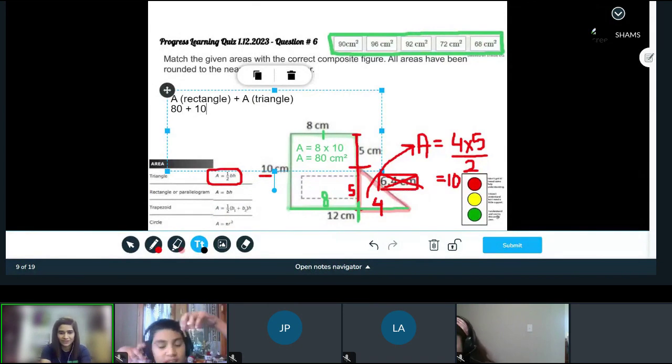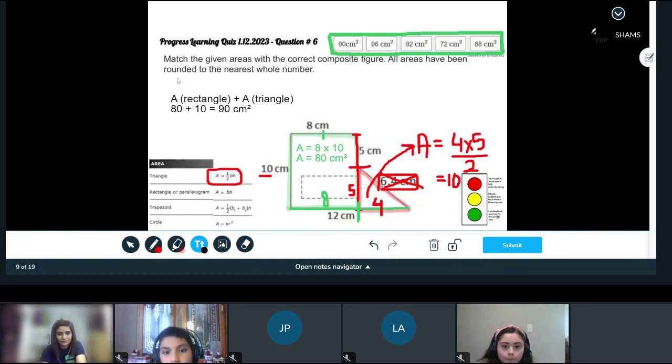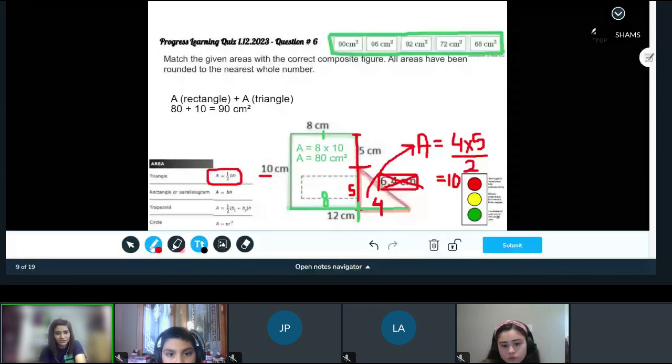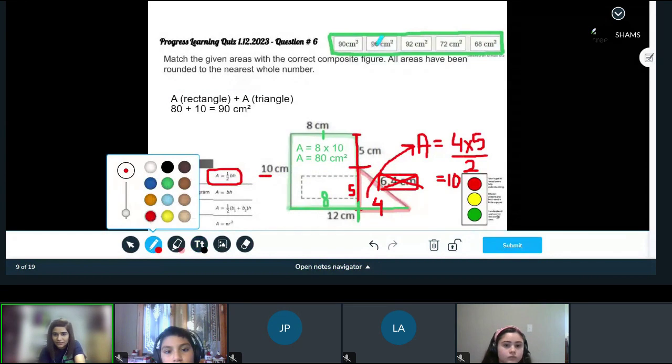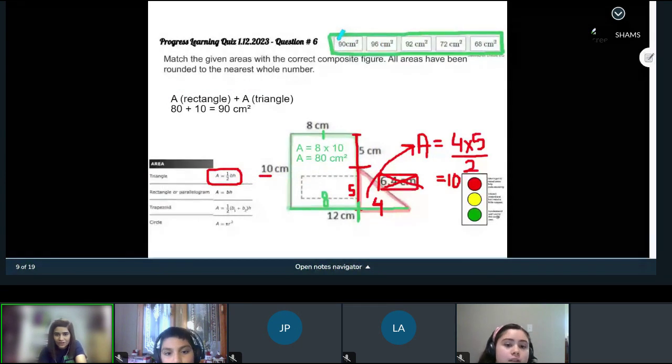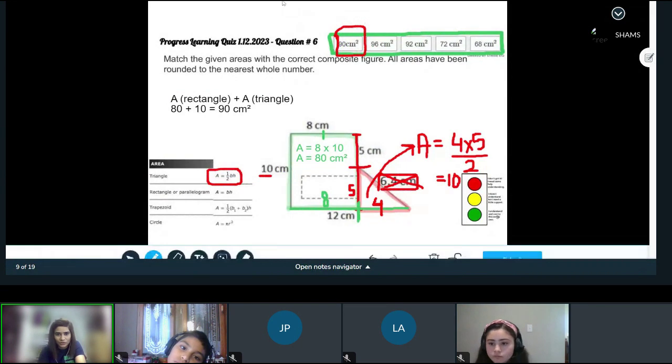For the triangle, the area is 10. Altogether, we can say that the area is 90 square centimeters. 90 square centimeters is the total area of the composite figure. This is supposed to be the right answer. Let's see where we have 90. Yes, we do have 90. So 90 belongs here. We have used one answer choice at this time.